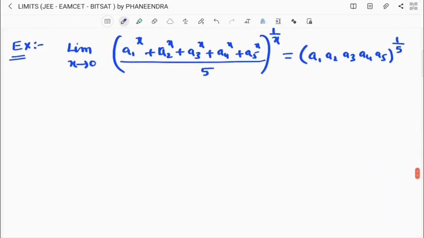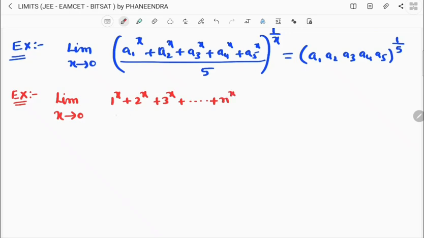One more example based on this. Limit x tends to 0, (1 power x plus 2 power x plus 3 power x plus and so on, n power x) divided by n, whole power 1 by x is equal to, options: n factorial whole power n.